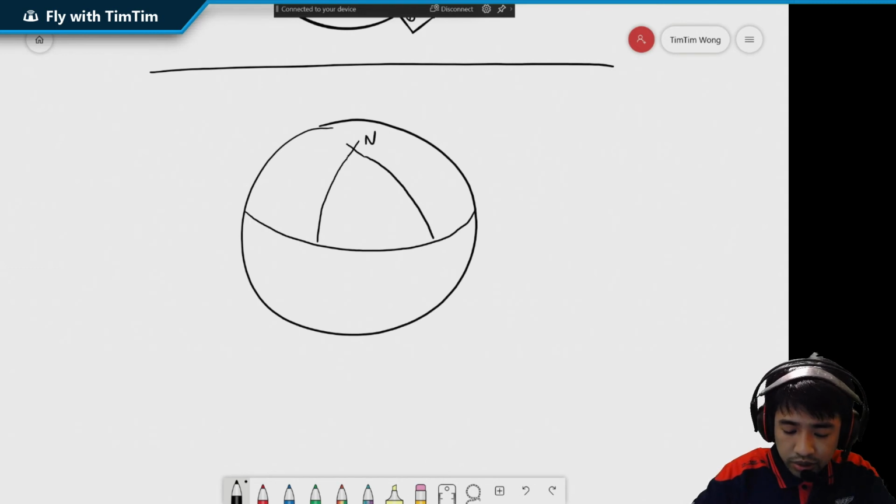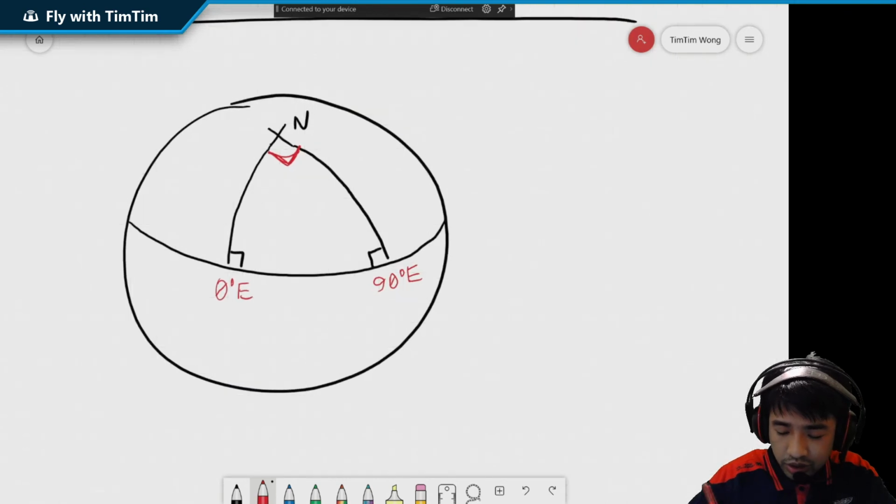So this is a right angle, and let's say this angle, for instance, 0 degrees east to 90 degrees east. Then this is a right angle.